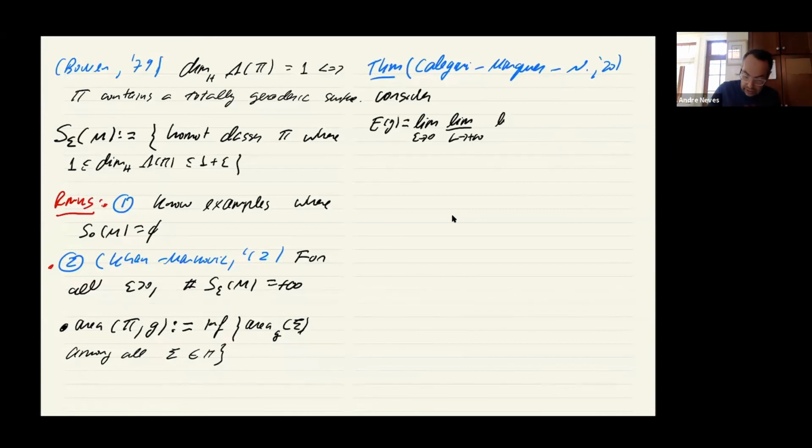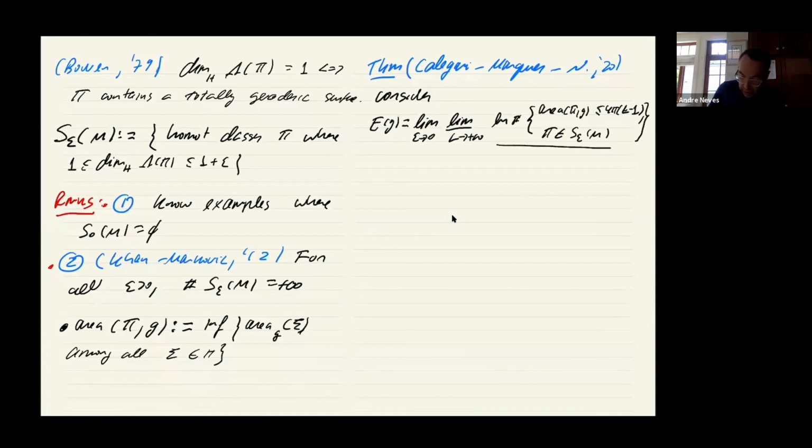We take the log of the cardinality, and now we count all homotopy classes whose area is below 4 pi L minus 1, where pi is one of these homotopy classes whose Hausdorff dimension of the limit set is very close to 1.